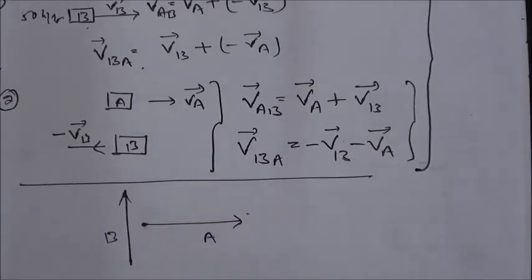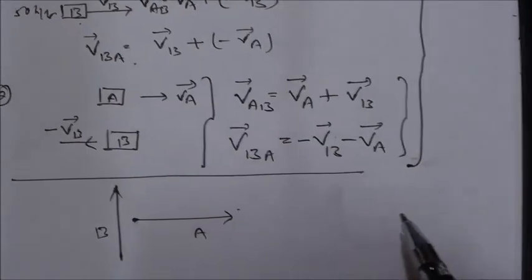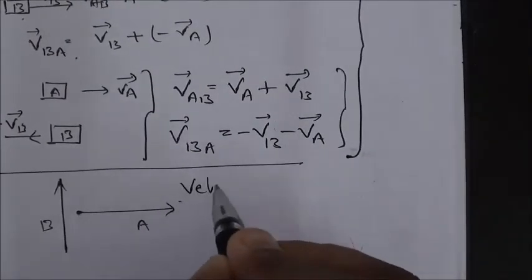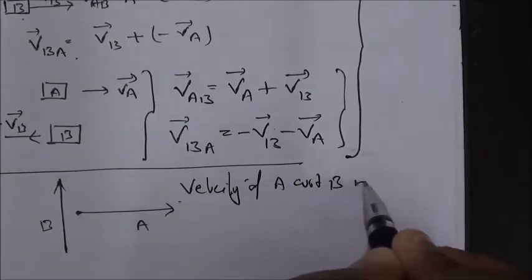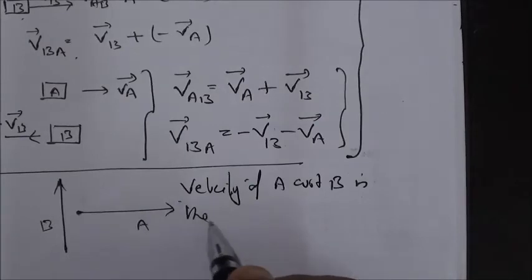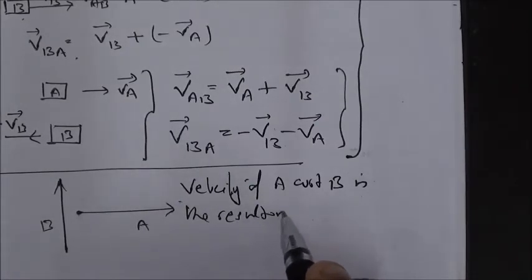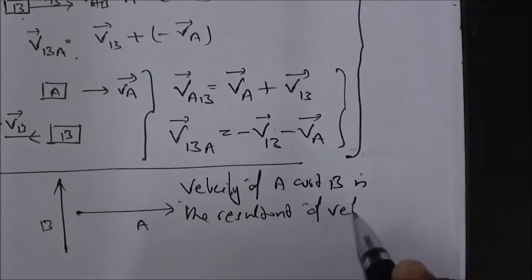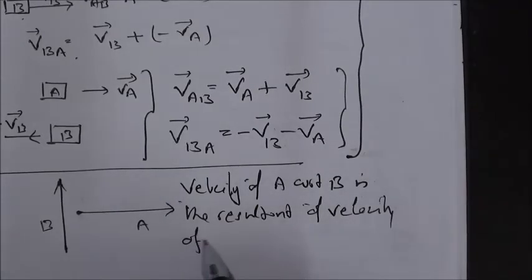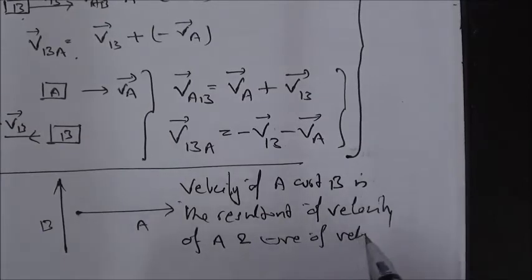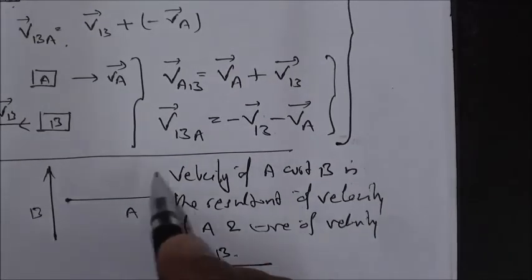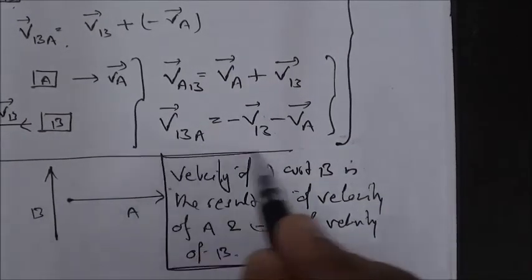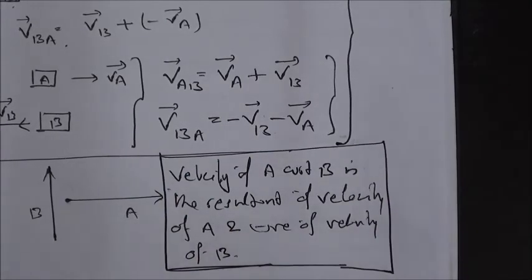into this. So in all these, we can generalize that the velocity of A with respect to B is the resultant of velocity of A and negative of velocity of B. So this can be used as a general rule to find the relative velocity.